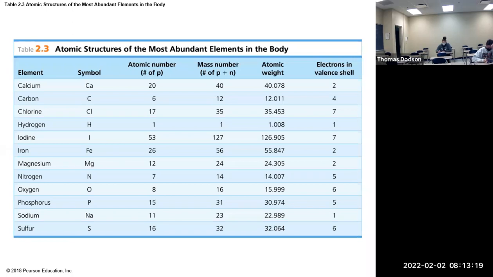Well, neutrons are actually where we get to 40 here. So protons, neutrons, and electrons. Does that make sense? You can see just how much the mass is different between a proton, a neutron, and an electron here.